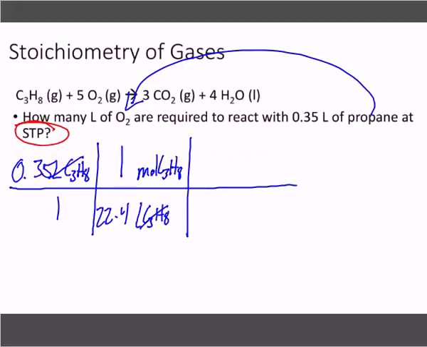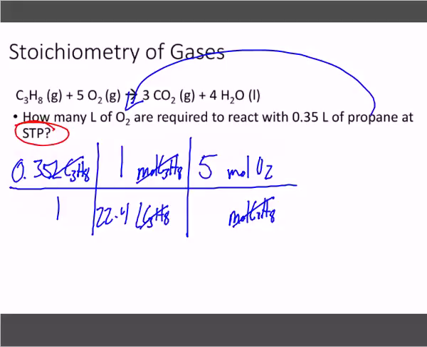This is a review. It's a new context, but the process is the same. So we need moles of C3H8, then moles of O2 on the top. Is everybody with me? Now, mole ratio. Where do we get the mole ratio from? The coefficients. So we've got moles of oxygen. What's my coefficient there?